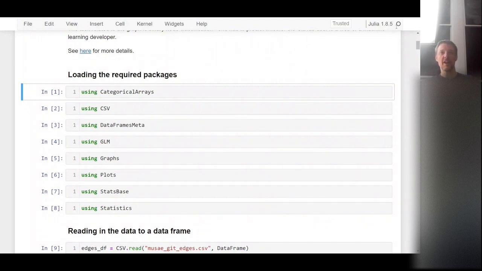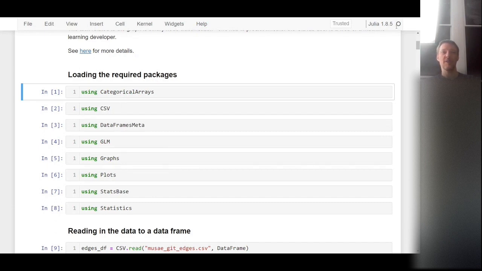CategoricalArrays is a package for working with categorical data, so data that can be thought of as having a finite set of fixed values. For example, red, blue, green as a color is categorical data, or a grade in a course.